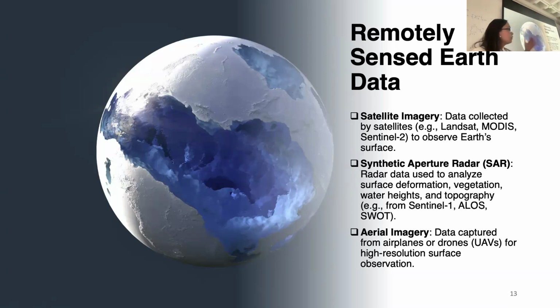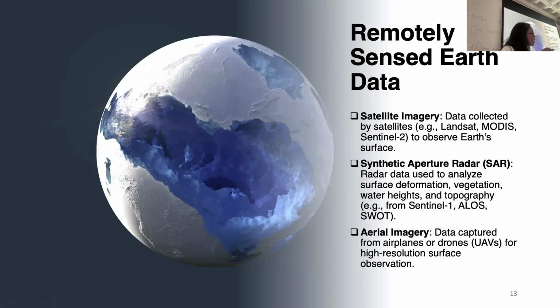Some of them are optical remote sensing, and some are microwave remote sensing. So there's a difference between these two. Optical remote sensing is basically a satellite system which requires daylight, meaning the sun, to see an object.